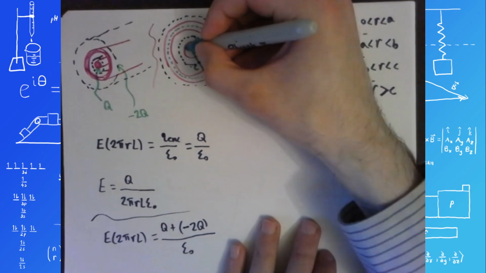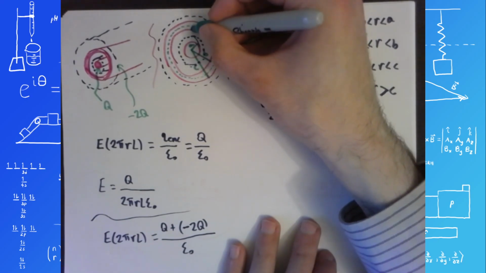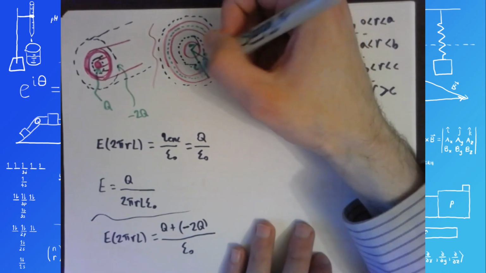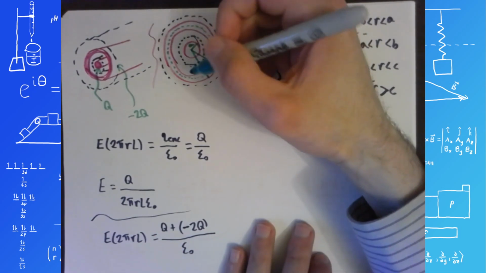And since I enclose a charge of positive Q from this inner cylinder, the inner surface of the outer cylinder must carry a charge of negative Q.